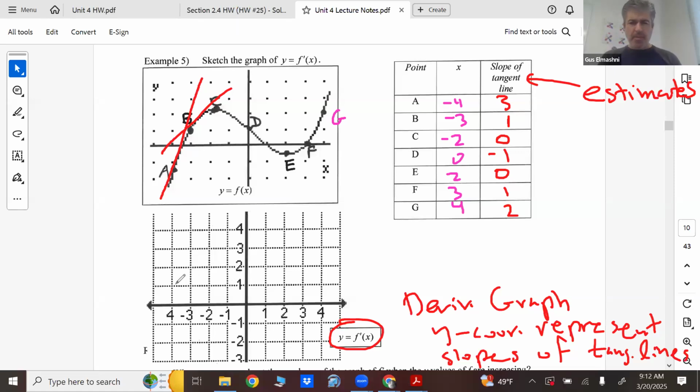So -4 comma 3, -3 comma 1, -2 comma 0, 0 comma -1, 2 comma 0. What do you think I'm plotting? A parabola. Yeah, it looks like I'm graphing a parabola, huh?